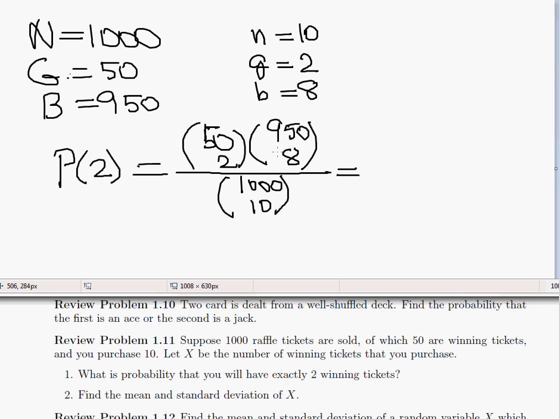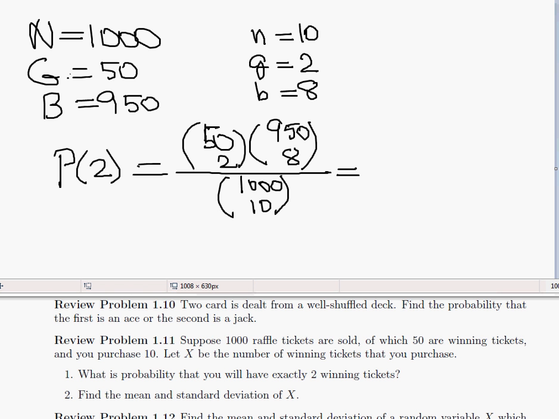The total number of good tickets, and I choose 2 of them, times the number of ways I can choose 8 tickets from 950, divided by the total number of ways of choosing tickets, which is 1,000 choose 10. So once again, it's just a matter of plugging into the calculator to figure out all these binomial coefficients, and then figuring out what this fraction is.